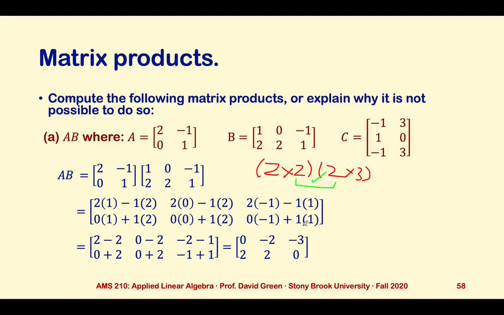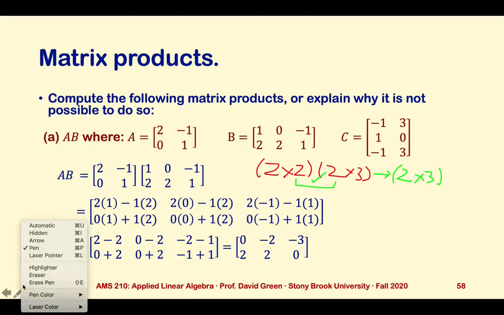That means we are allowed to evaluate the product. And when we do so, those inner dimensions are going to disappear, and the answer that we get should be a 2 by 3 matrix.